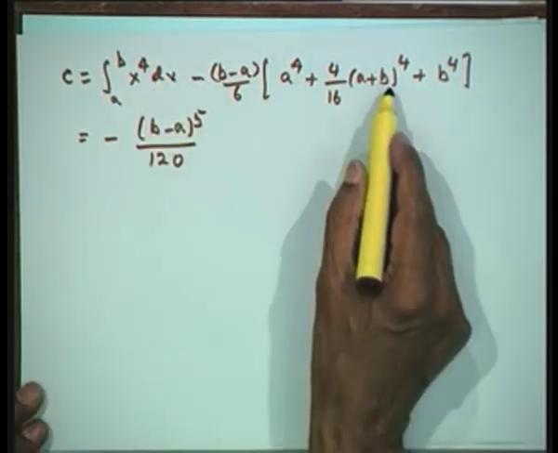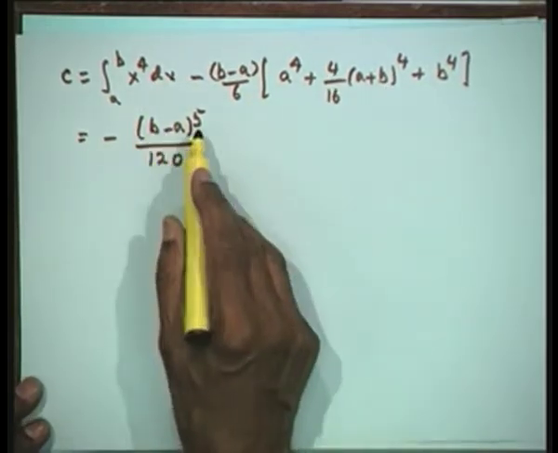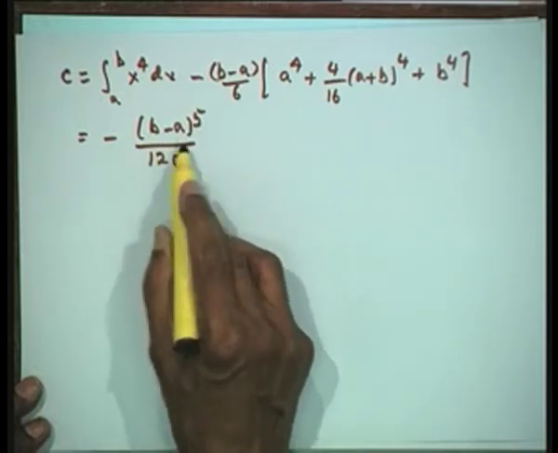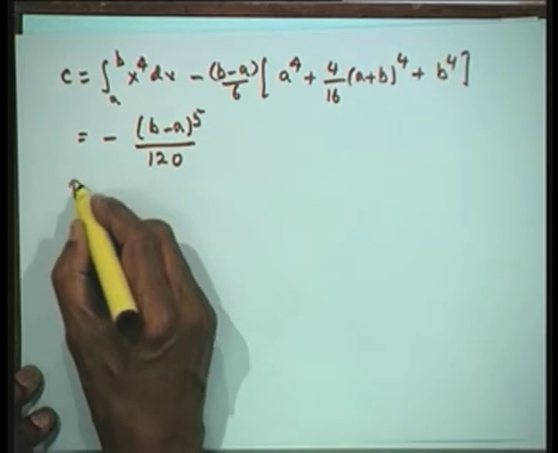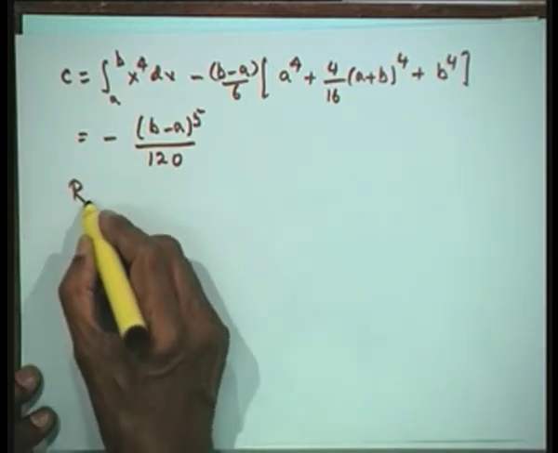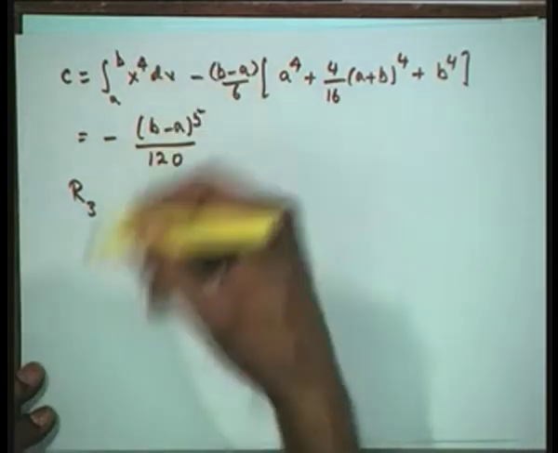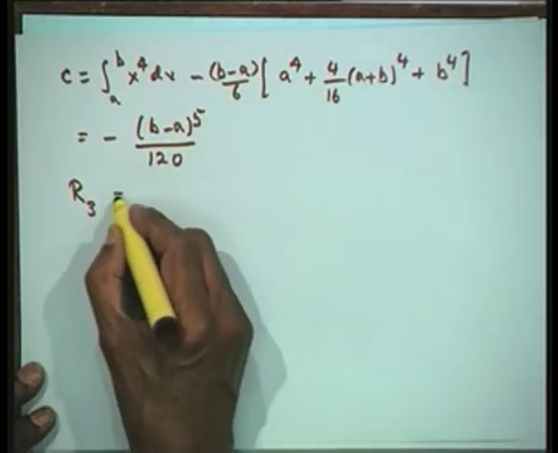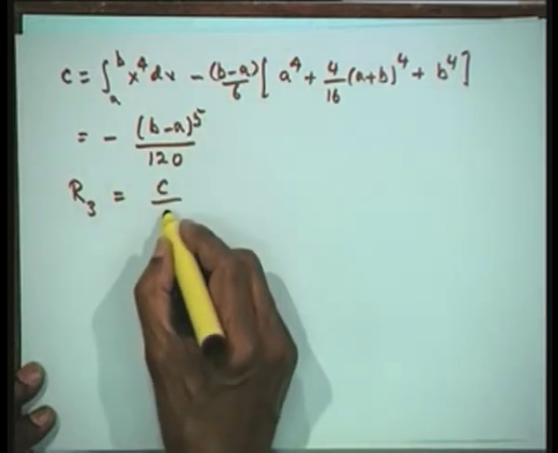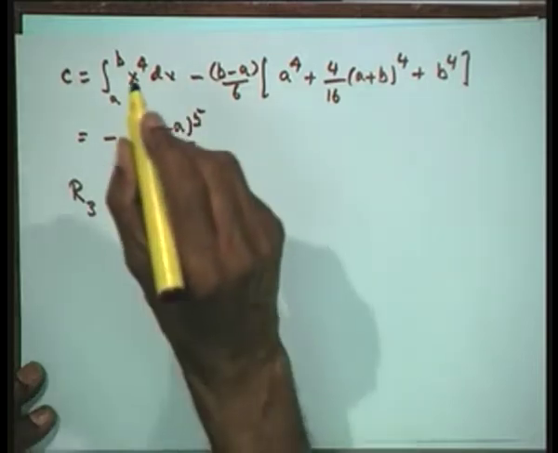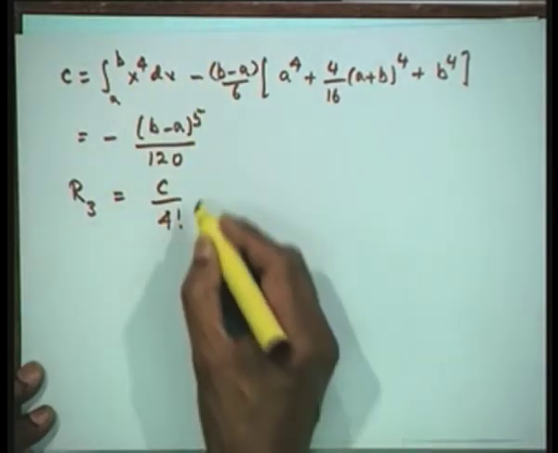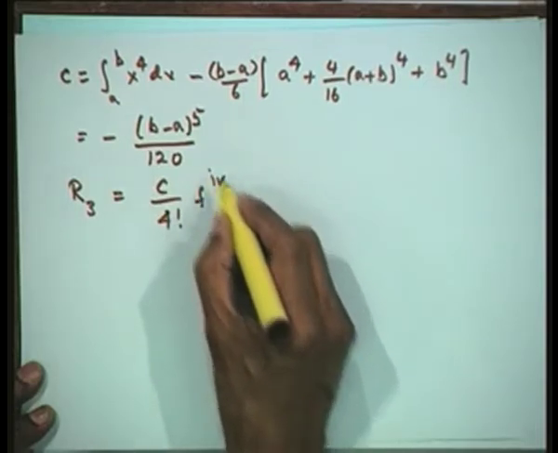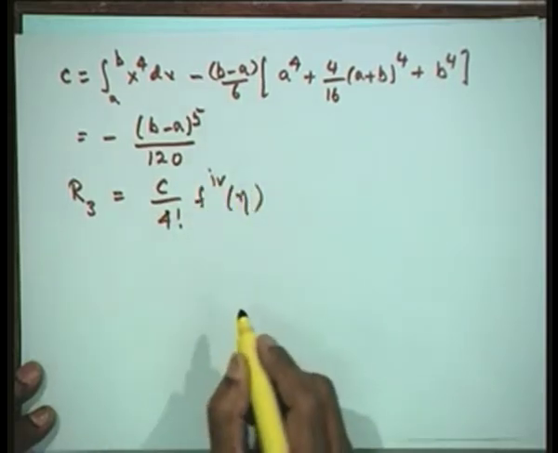This combines with this and they all become a perfect factor and it becomes (b minus a) to the power of 5 by 120. Therefore, our error is not R2 but R3, n is now instead of 2 it has become 3. So, R3 is equal to c upon factorial 3 if we had written the previous one, but now c was 0, so I will have factorial 4, f fourth derivative eta.